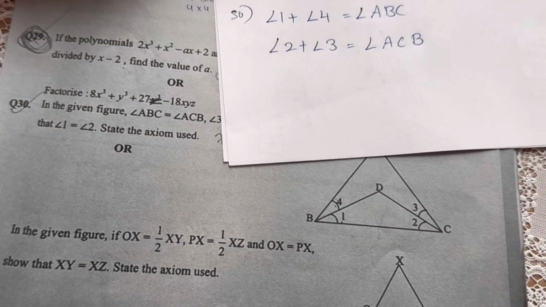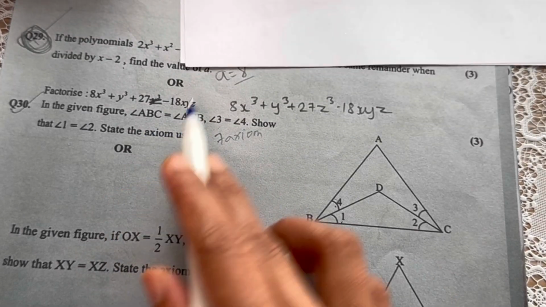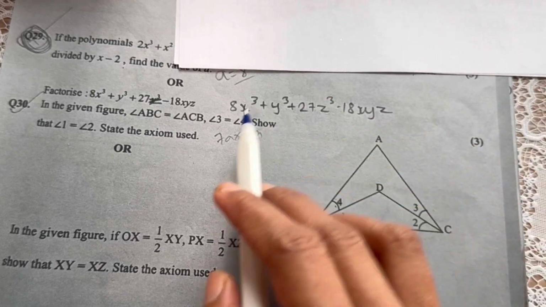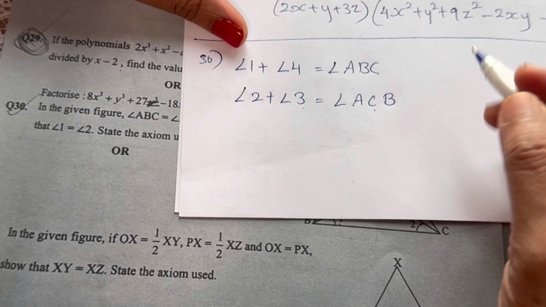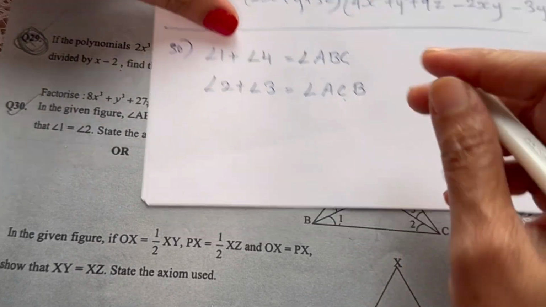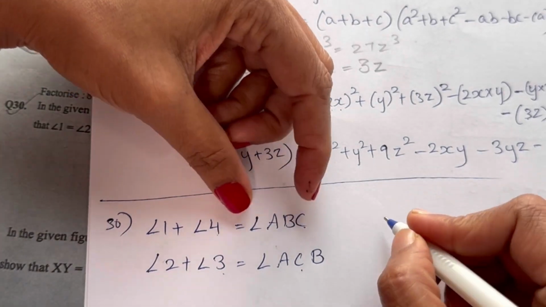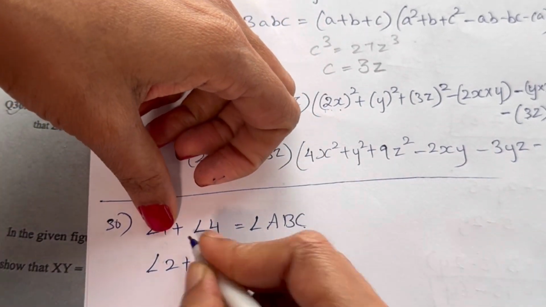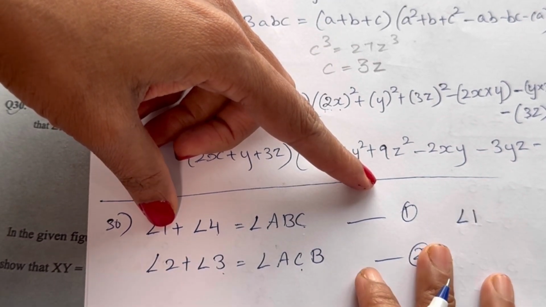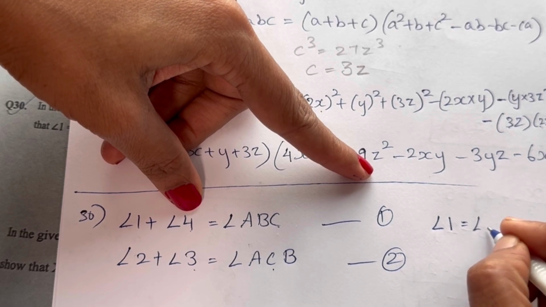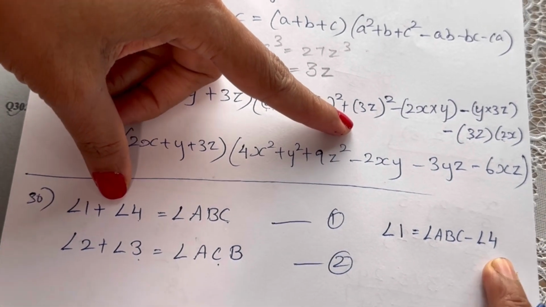And here, what is given? Given is ABC and ACB are equal. They are equal. And also angle 3 and angle 4 are equal. So to show that angle 1 and angle 2 are equal, let's keep the angle 1 in this equation 1 and move angle 4 to the other side. So here positive, when it moves it is negative.